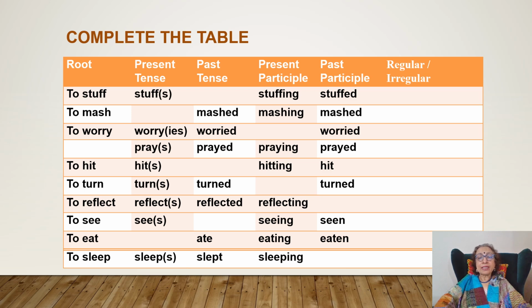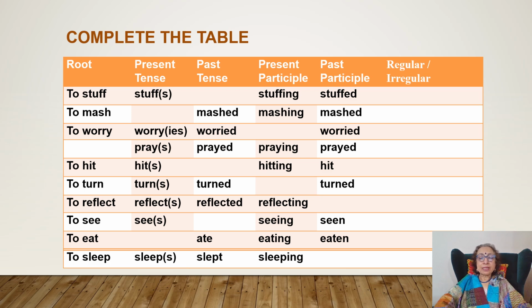Now, looking at the past tense and past participle, you can easily write down in the last column which of them is regular and which is irregular. If the past tense and past participle have an ed ending, the same in both of them, then it is regular.